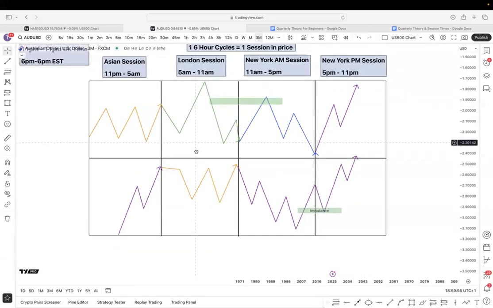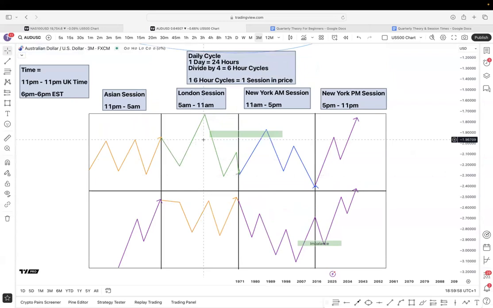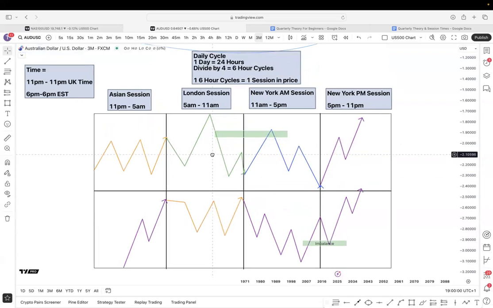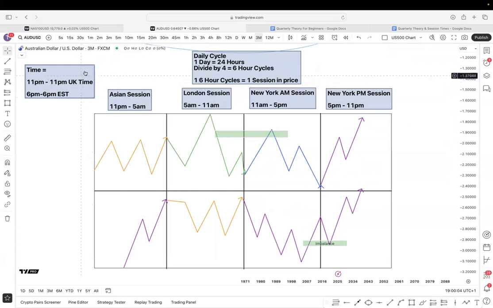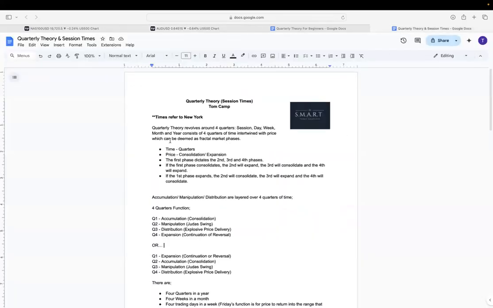And I wanted to open up with this. I'm going to do another lesson on this course because I need to explain more things with regards to times. But this is kind of your first idea of what it actually is in terms of times. Now, I have included this here in terms of the rules around what quarterly theory is supposed to do.